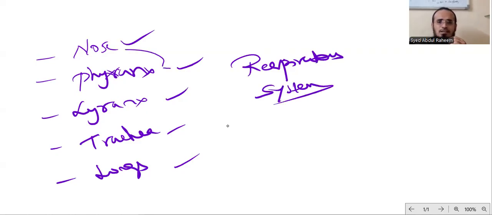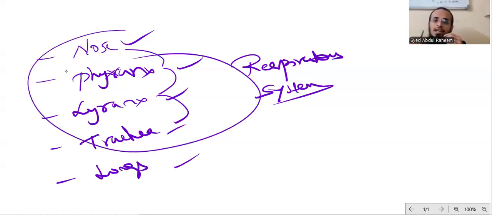Nose, pharynx, larynx, trachea. These are the pathway of inhaling the air. Okay, we inhale oxygen, we exhale carbon dioxide. Okay, so nose, these are the pathways.